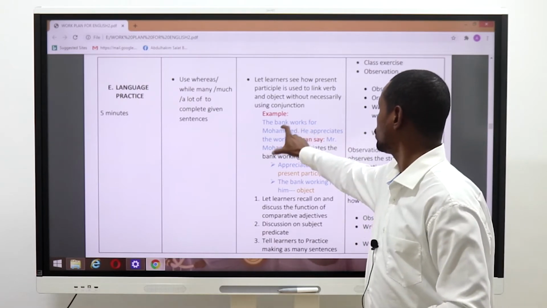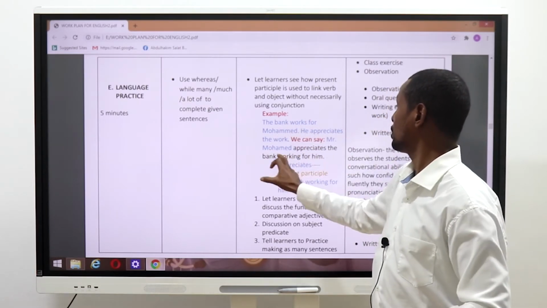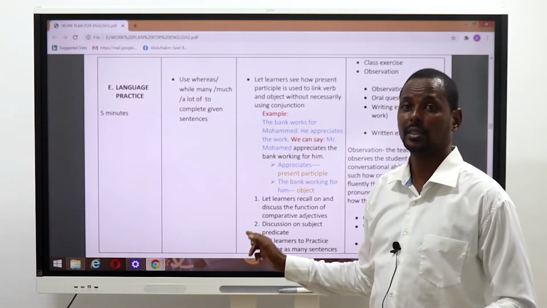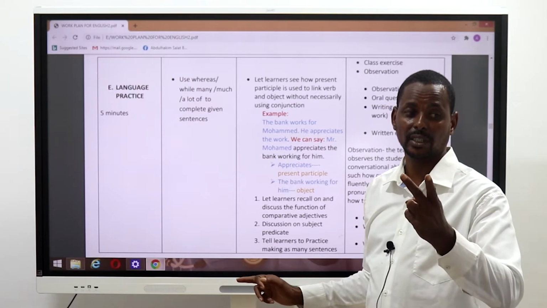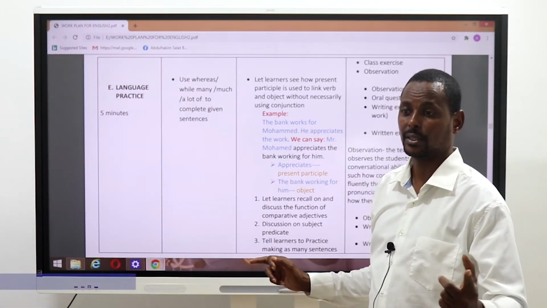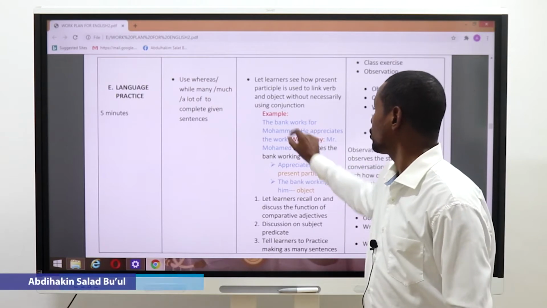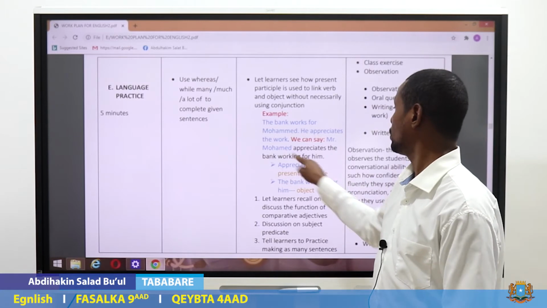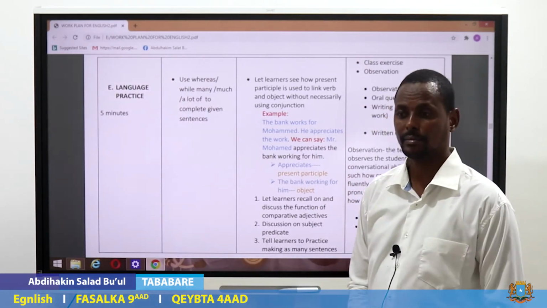We have not changed the meaning of these two sentences. The bank works for Muhammad. He appreciates the work. There were two sentences with two different meanings. We have joined both the meaning and made it into one sentence: Muhammad appreciates the bank working for him. You see?